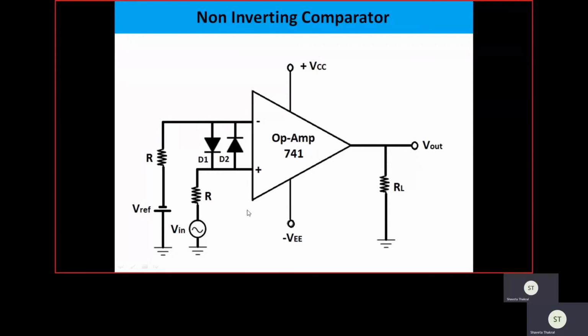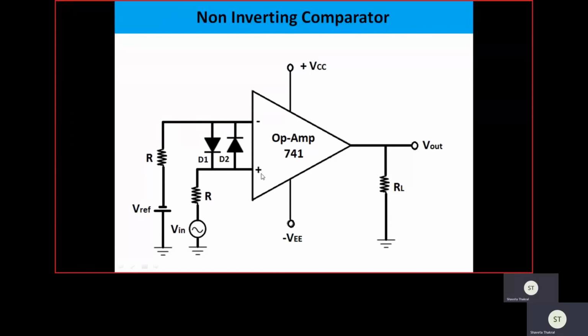There are two situations we are considering here. Either the input is greater than the reference voltage or the input signal is less than the reference voltage. Let's say the input signal is greater than the reference voltage, so that means the signal at the plus terminal will be greater than the signal at the minus terminal.